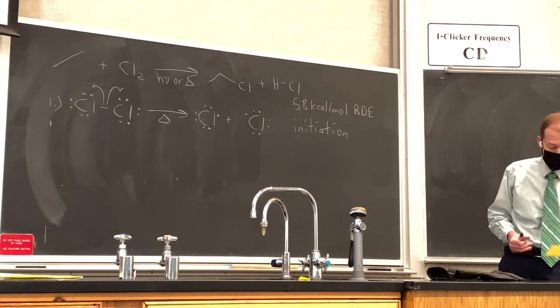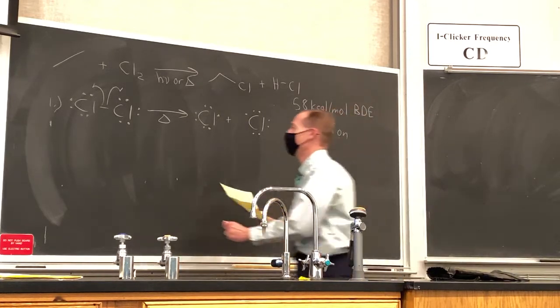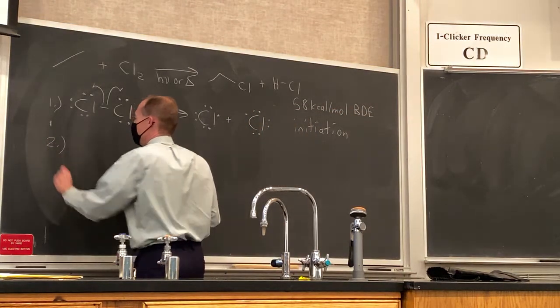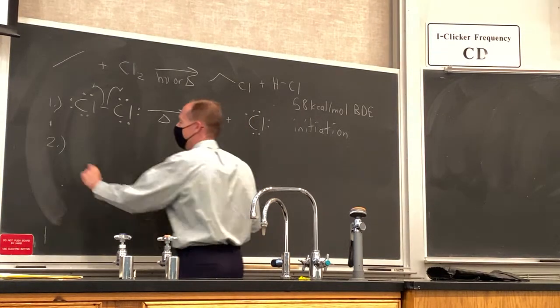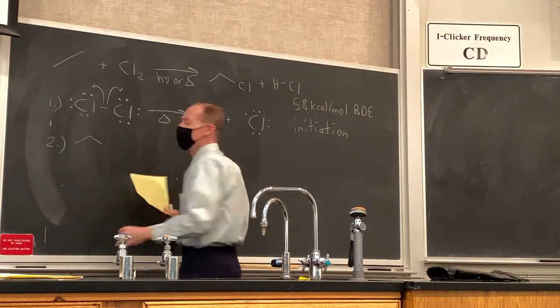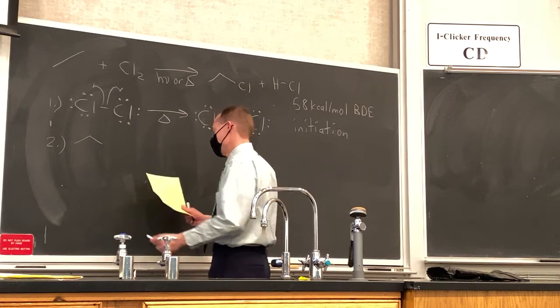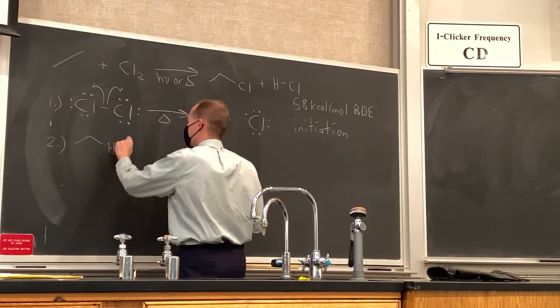Okay? So once we have our chlorine radicals, if you remember from our last lecture, we said that radicals can abstract hydrogen atoms from alkanes.